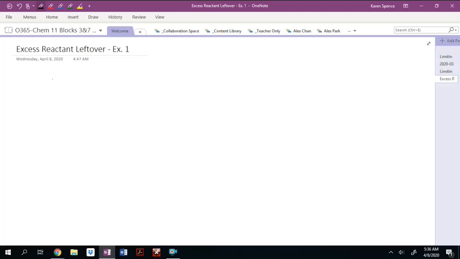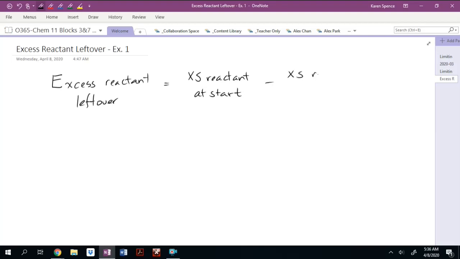The key thing to find the amount of excess reactant left over, you will need to know the amount of the excess reactant at the start, and you're going to subtract the amount of excess reactant used up in the reaction.